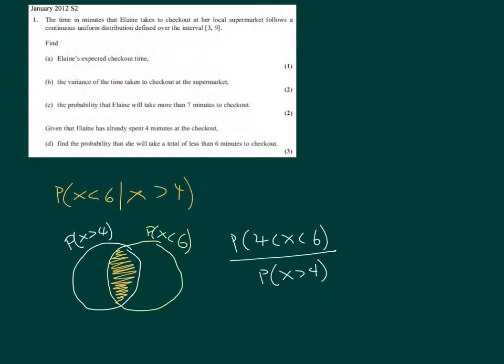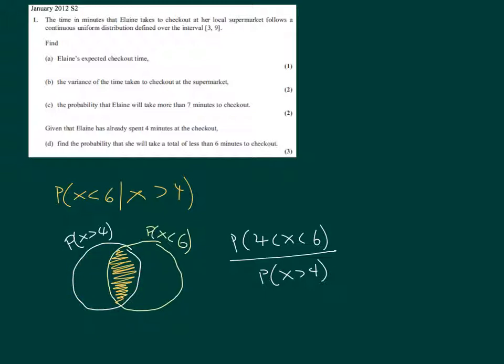You can basically look at it as a fraction or a portion of this entire circle here. So of all the scenarios where x is greater than 4, we just want this portion where x is between 4 and 6.